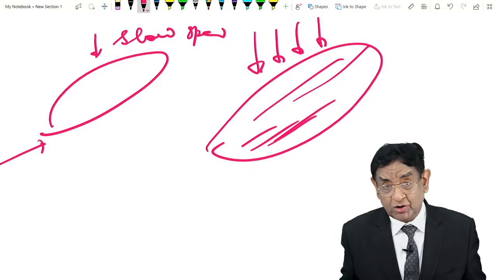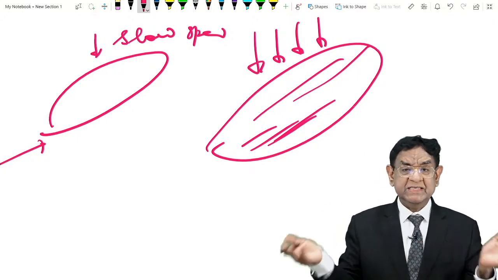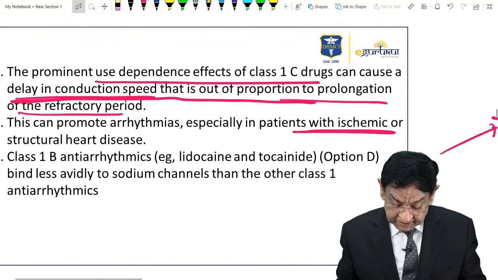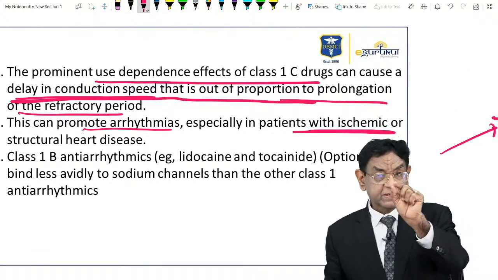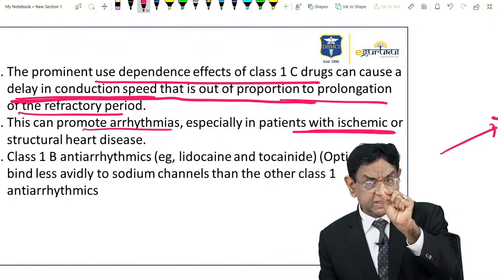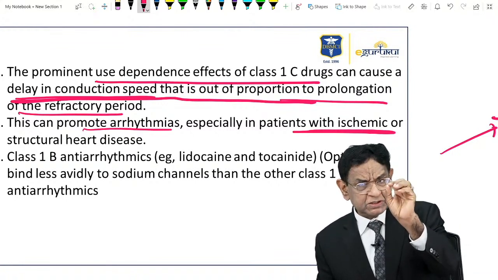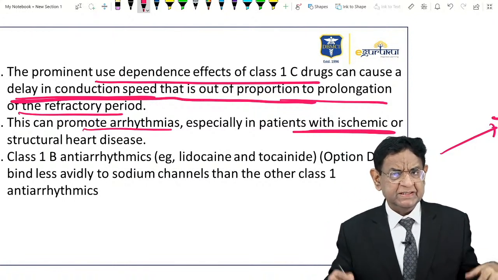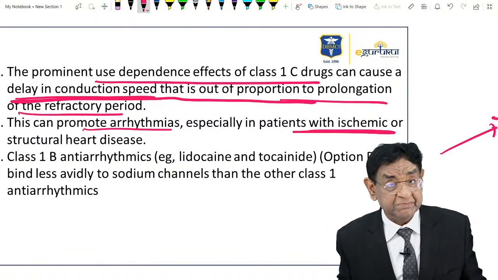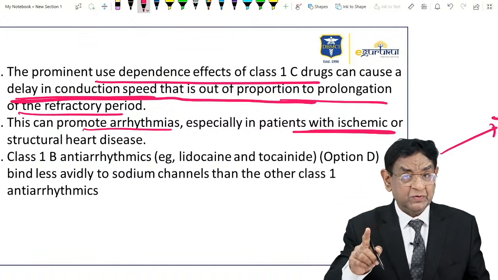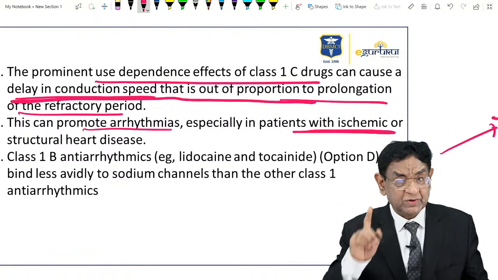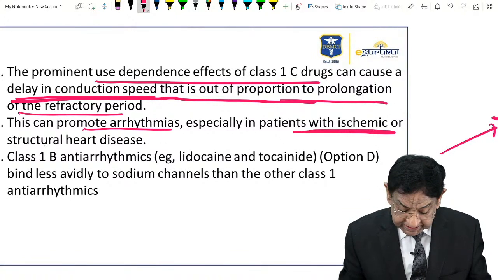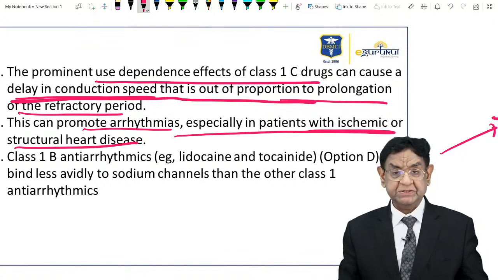But that's not good. It can in itself lead to arrhythmias. This class 1C drug, because it strongly slows down the speed in the ischemic tissue, can itself produce arrhythmias. That's why class 1C drugs are never used in ischemic or structural heart disease.